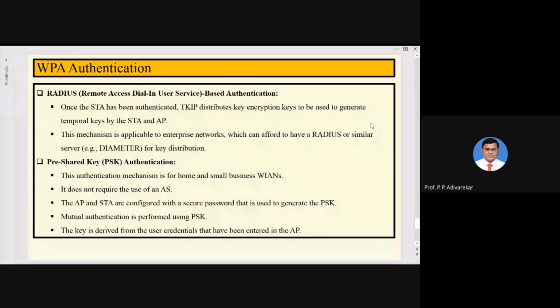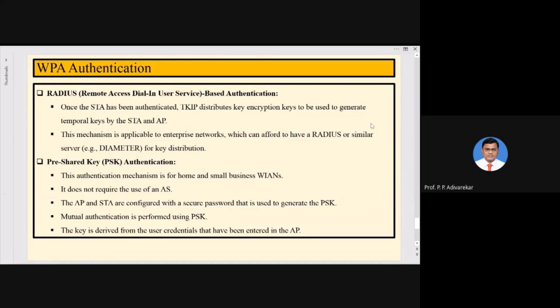How are they regenerated or refreshed? That information is exchanged by key exchange information, and that is protected by the KEK, the key encryption keys. These key encryption keys are shared by the access point, which is authorized by the authentication server.